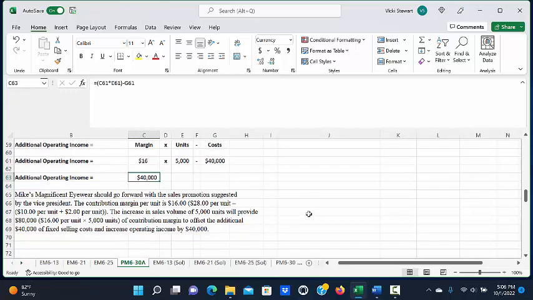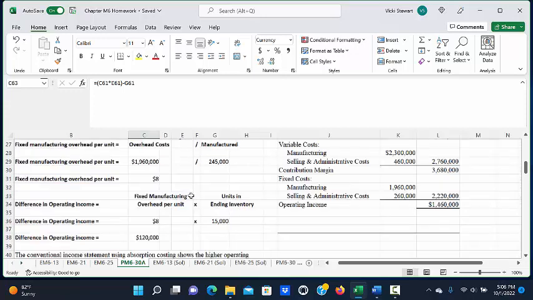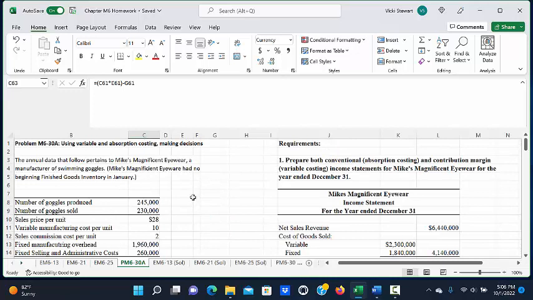So Mike's Magnificent Eyewear should go forward with the sales promotion suggested by the vice president, because the contribution margin of $16 multiplied by the 5,000 units is equal to $80,000, and it's only going to cost an additional $40,000 for the campaign, which will increase our operating income by $40,000. And that is the conclusion of the demonstration for problem M630A.